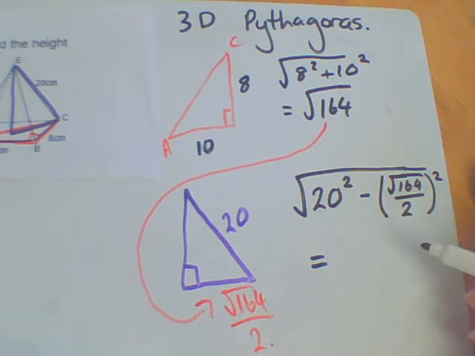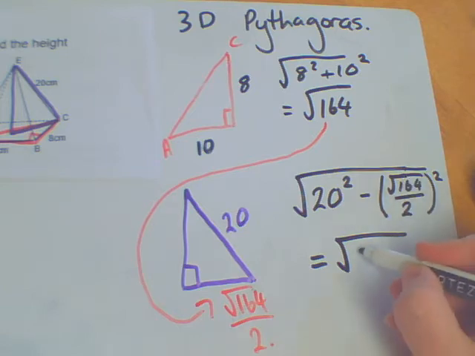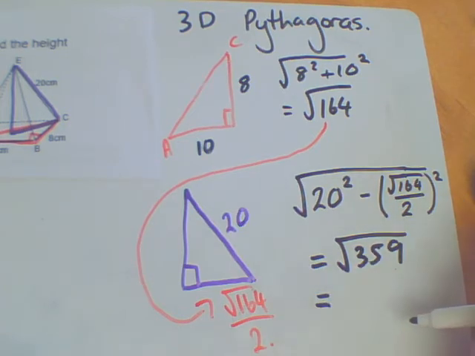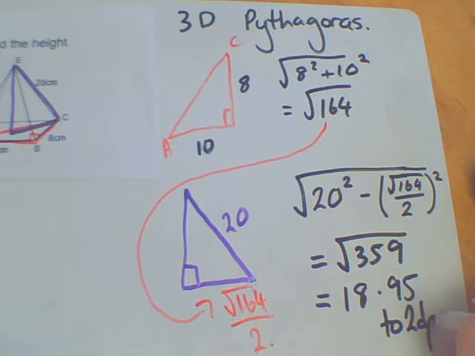It will make no difference either way. If I do that, I end up with the square root of 359, and if I turn that into a decimal, 18.95 to 2 decimal places. Give that a go, see how you get on, check you've got that answer.